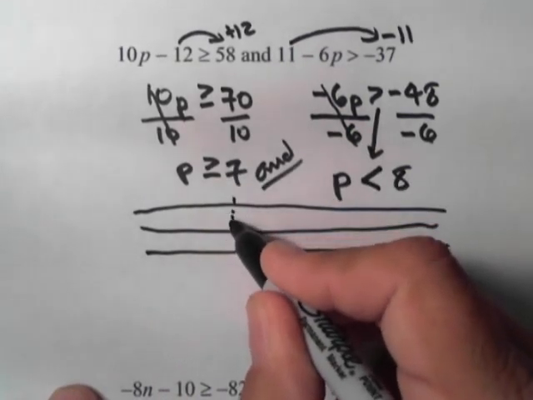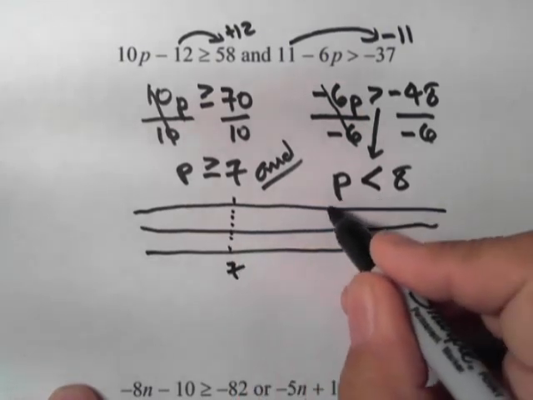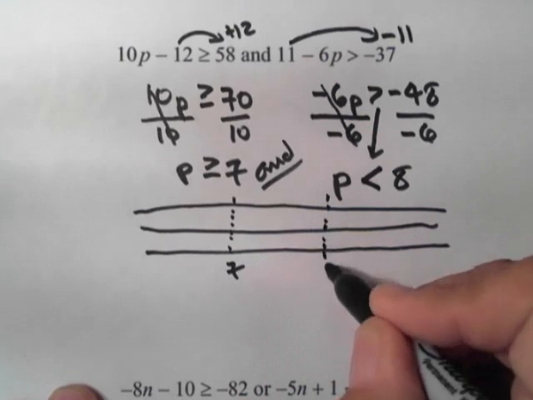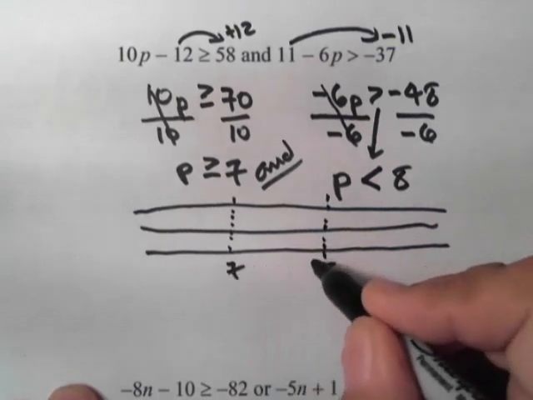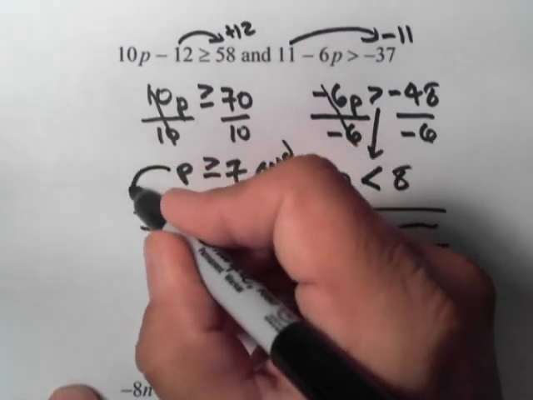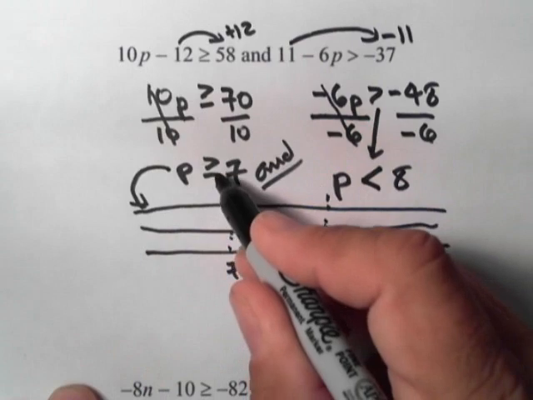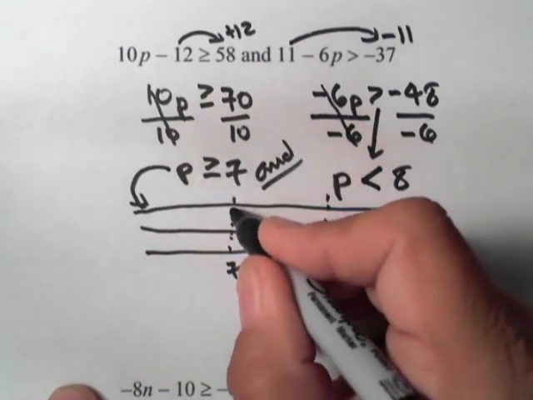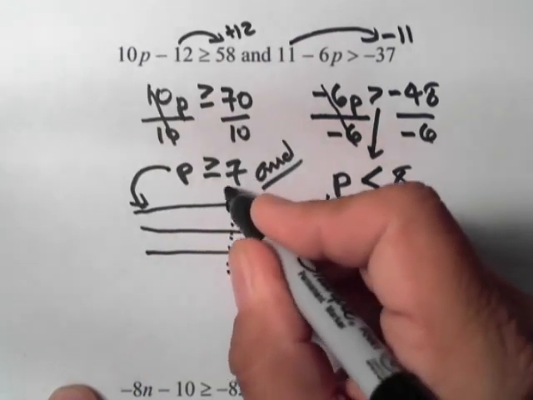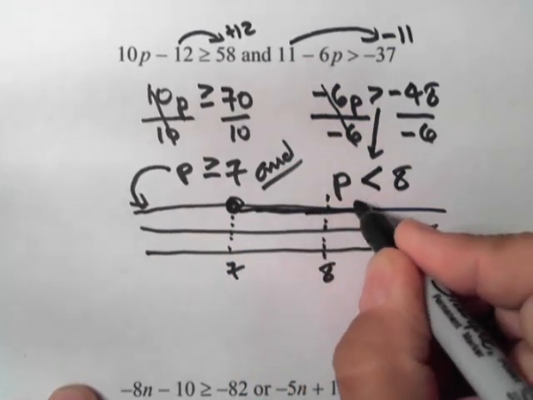Somewhere here is 7. Somewhere over to the right, 8. Always make sure you get these in numeric order. Okay, I'm going to put the first one on the top line here, and we want p greater than or equal to 7. So I make a solid circle because I got the equal bar and the p is larger, so it's heading off to the right.